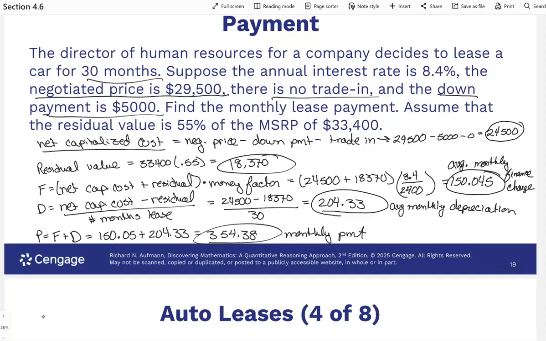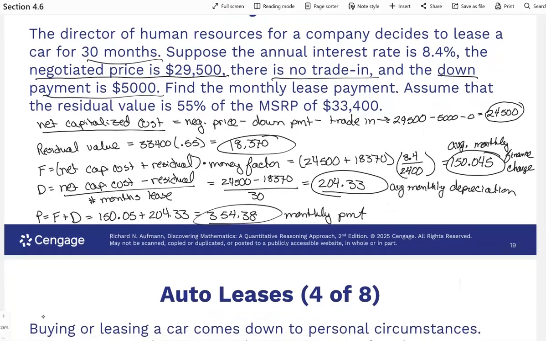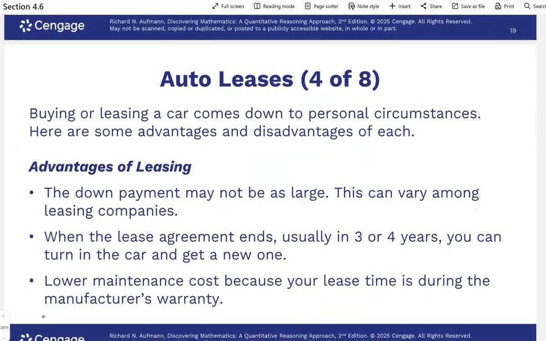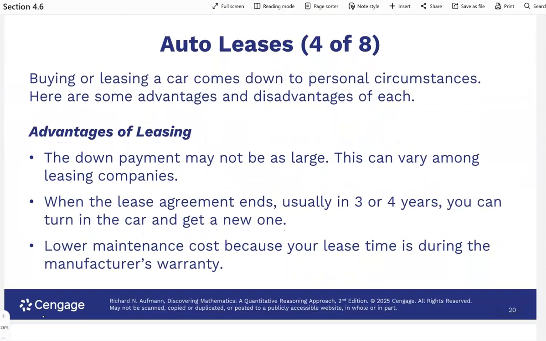So how do I know when I would finance or lease versus when I should buy? There's advantages and disadvantages to both, and it's really just a personal decision as to which one you should do. So let's look at some of the advantages of leasing.